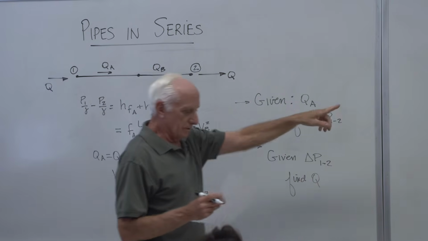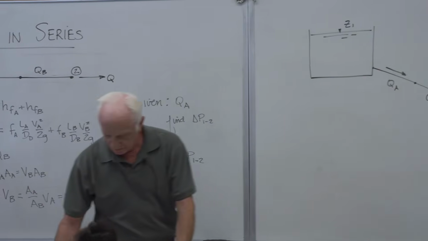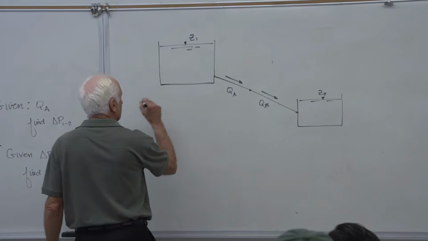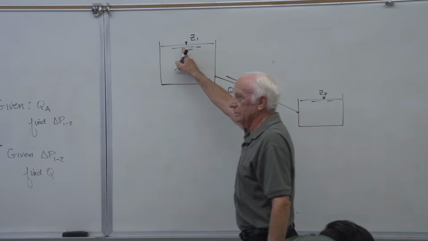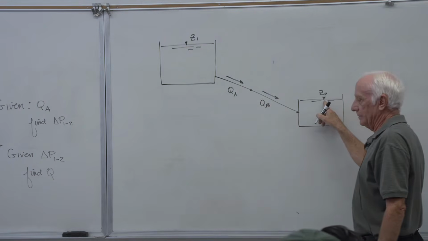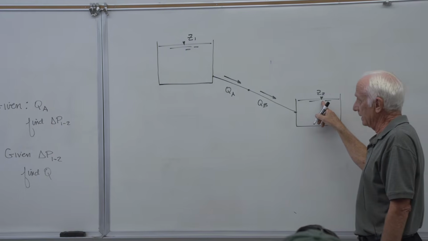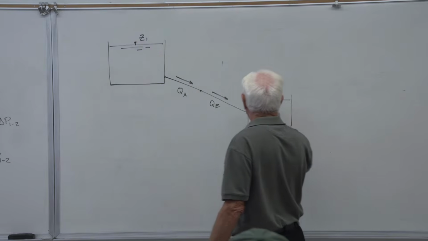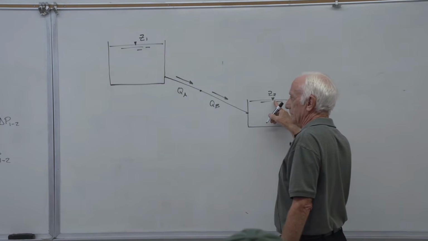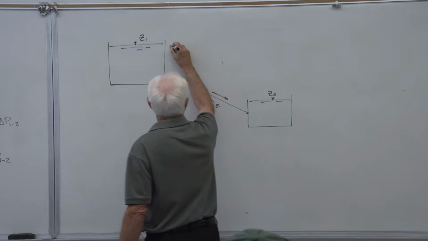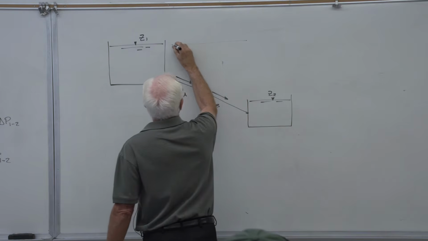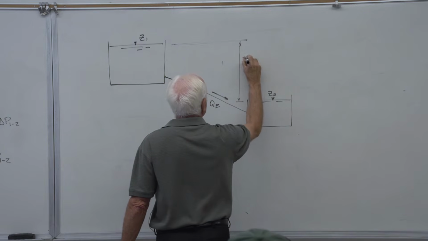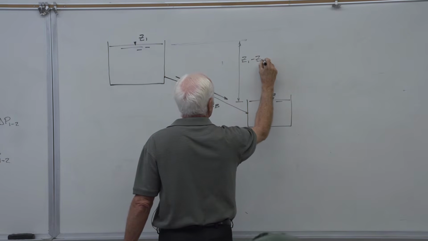Let's go over to this other problem. In this particular problem, let's write energy from 1 to 2. The pressure at 1 up here is 0. Pressure at 2 on the free surface is 0 gauge. Velocity in the large reservoir at 1 is 0. Velocity in the large reservoir at 2 is 0. All we're left with is the difference in the elevation of these two, Z1 minus Z2.